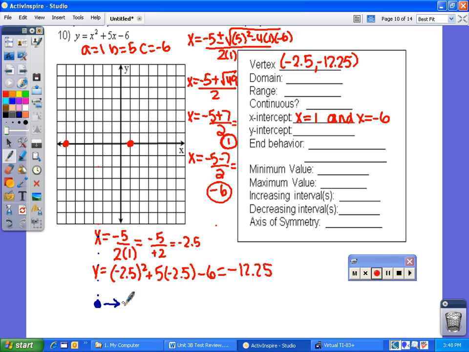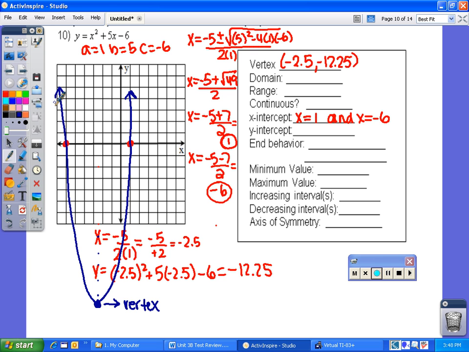Again, it's off the graph. So we're going to connect our dots. Now you don't have to worry about finding the solution. That was only for inequalities, but you will have to know how to get all of these in the multiple choice.